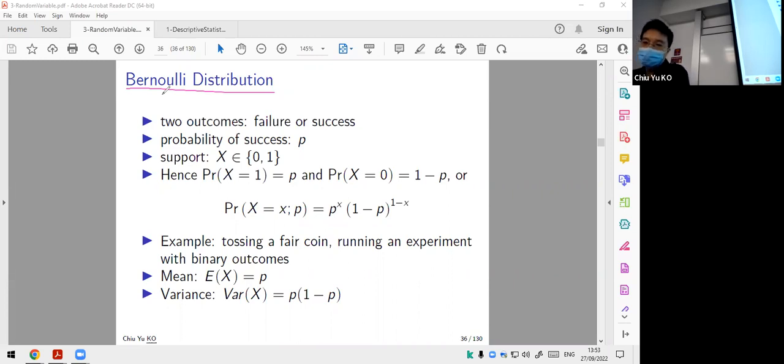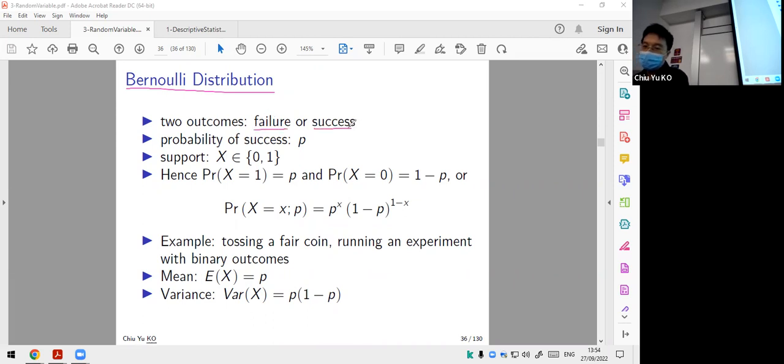They look at a very simple thing. It's like tossing a coin, right? Tossing a coin, there are two outcomes, tail or head. We used to look at two outcomes that are equally likely. They look at outcomes that are not equally likely. Instead of head or tail, they call them failure or success.